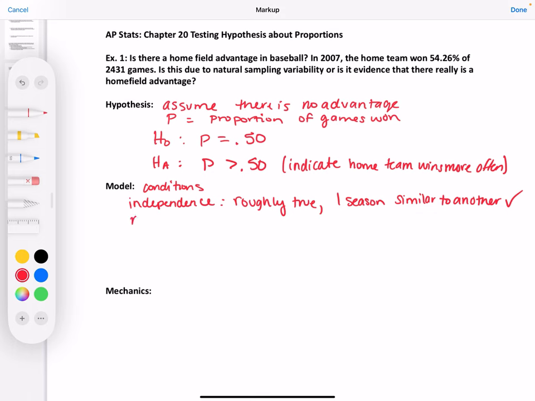As far as randomization, it's not randomly selected because obviously we're looking at all home games.